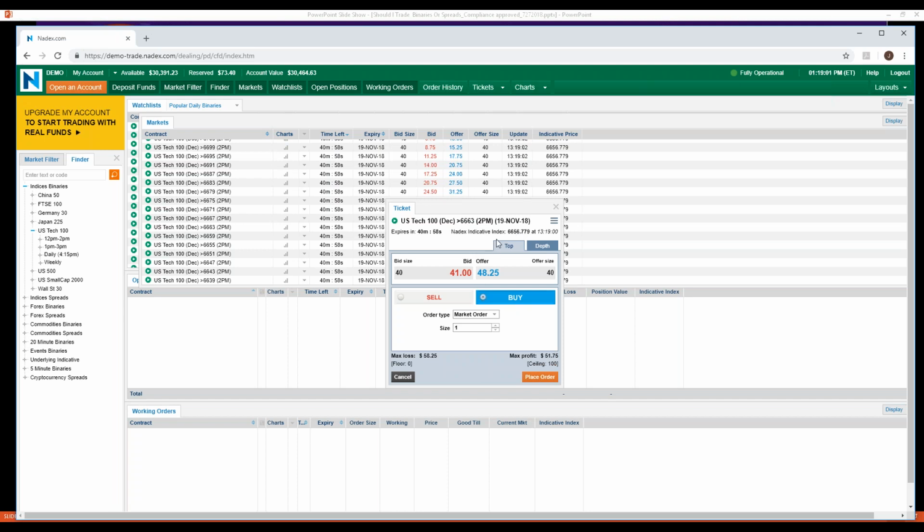So let's say I'm only expecting like a 10, 15 point move in the market. Well, that's all I need, right? I just need it to stay above this strike. And with a small move of the market, I can have this contract that I buy at around 50 be worth 100. And that's a good return, right? And I only need just a small move. With that small move, I could make about $50. If it went 15 in my favor on a spread, how much would I make?